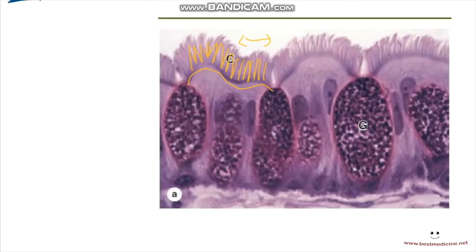And actually we have labeled right here the goblet cell. Goblet cells are the cells that are responsible for producing that specific mucus. So goblet cells would produce the mucus here, and then that mucus would be basically brushed off upwards in our respiratory tract by these cilia.